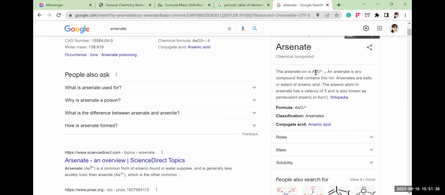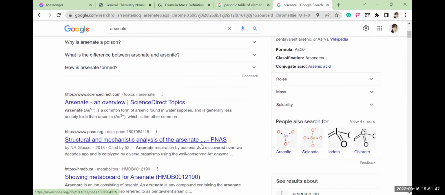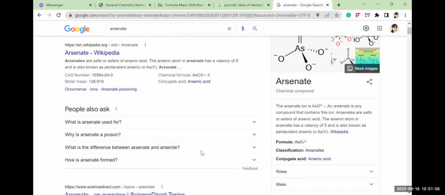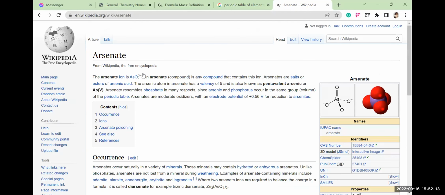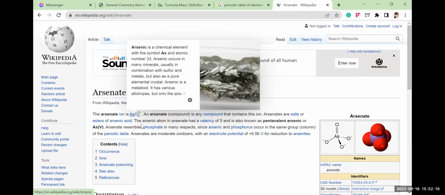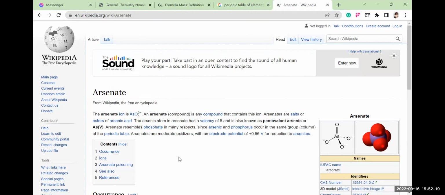An arsenate is any compound that contains this ion. But it also says arsenate is As5 plus. Wait up. So if you have calcium, but the chemical formula, the arsenate ion is AsO4 3 minus.